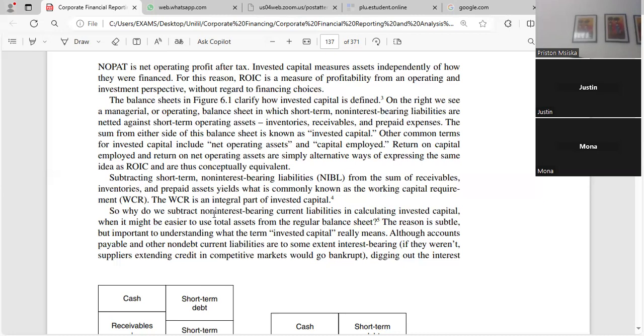Because I just told you that financial ratios tell a story, and they can be used to predict the future.